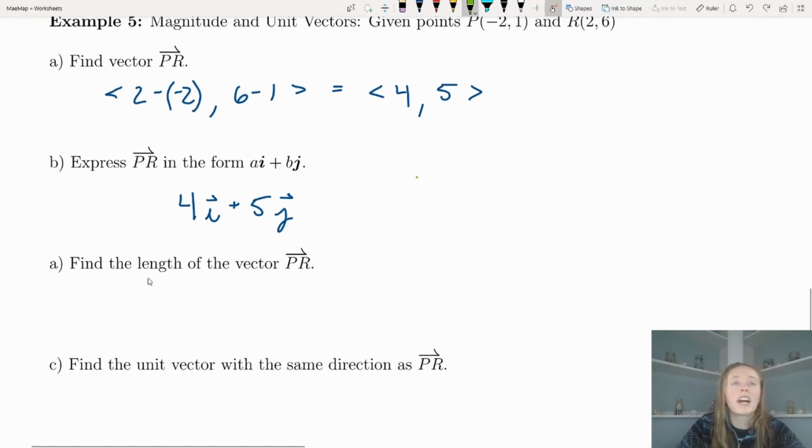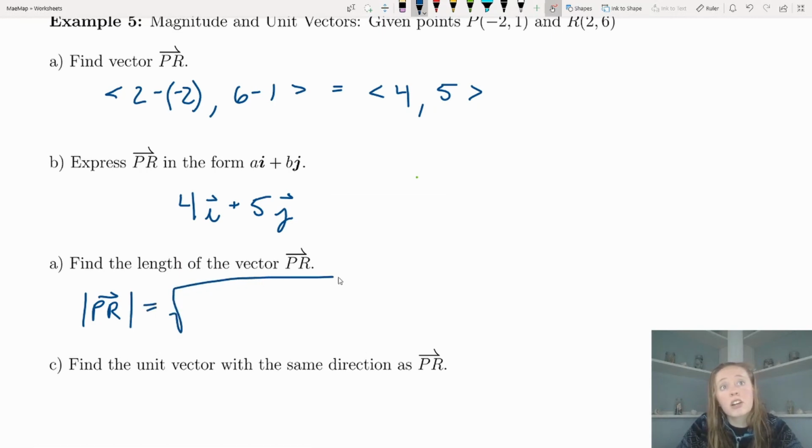Next, we're going to find the length of vector PR. And remember, length is just another word for the magnitude of that vector. So calculating the magnitude of PR, we're going to take each of the components, square them, sum them together, and then take the square root of that quantity.